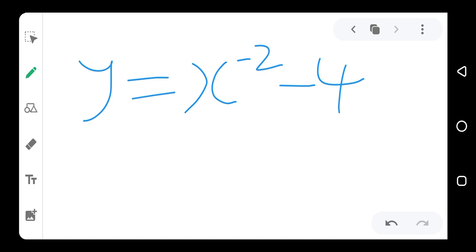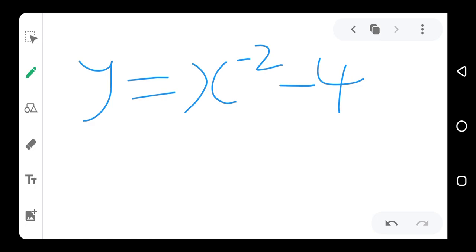Now step 2 is to make x the subject of the formula, to transform the expression and get x as the subject of the formula. So we are moving minus 4 to stay with y.